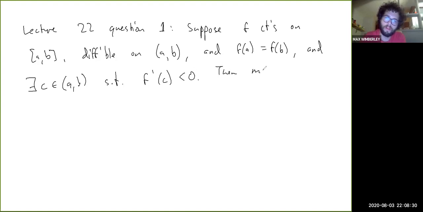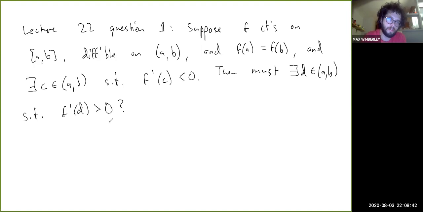Then must there exist a d in (a, b) such that f prime of d is greater than 0?